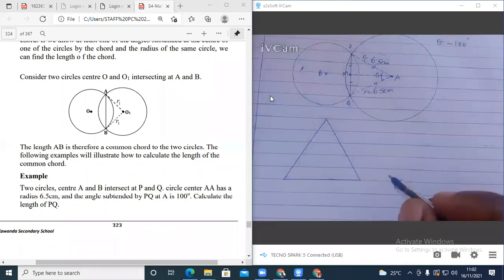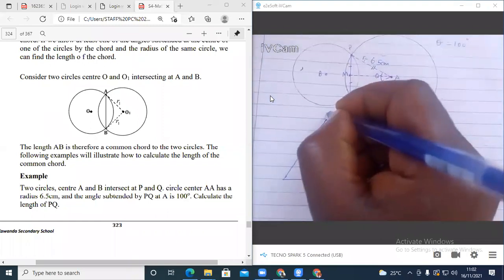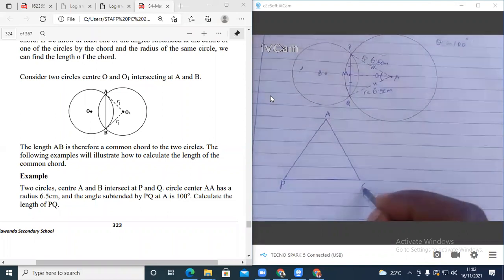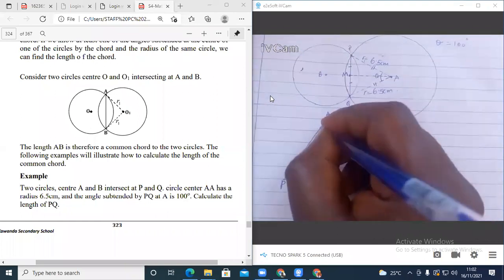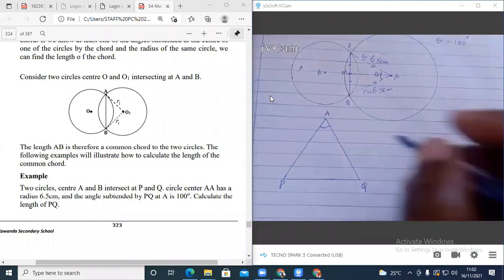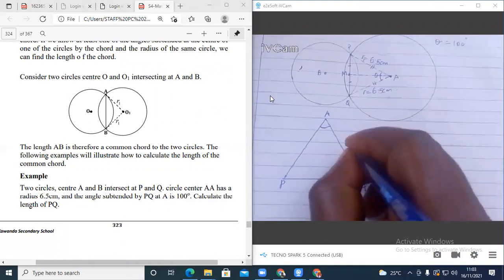Okay, now I have that. At the tip here was A, so even here near the tip, I'll put A. On this side I can put P, here I can put Q, like that. This angle here is 100 degrees, that is theta, which is 100 degrees. So this is 6.5, 6.5.